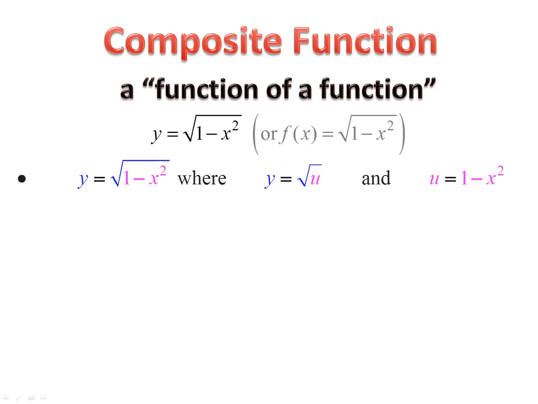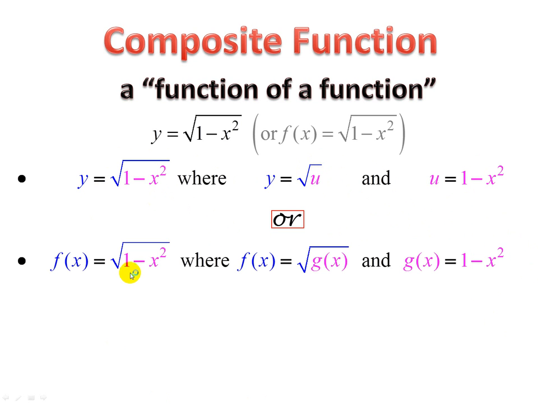So therefore, y equals the square root of u, that's the outside function, and the inside function, u, is equal to 1 minus x squared. Or f of x equals the square root of g of x, where g of x equals 1 minus x squared.